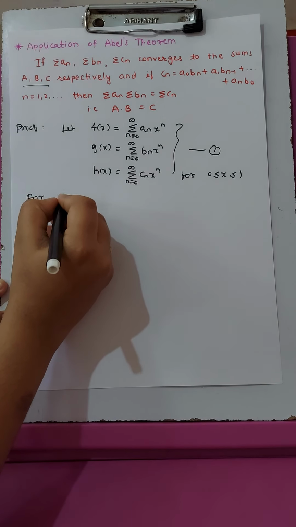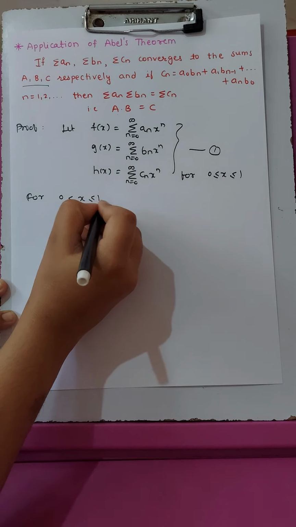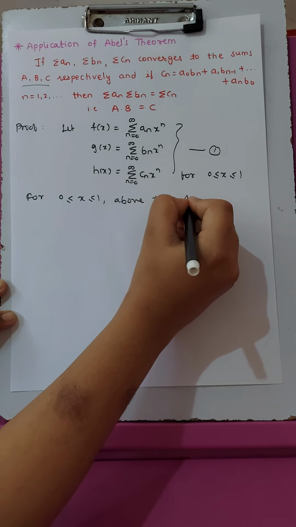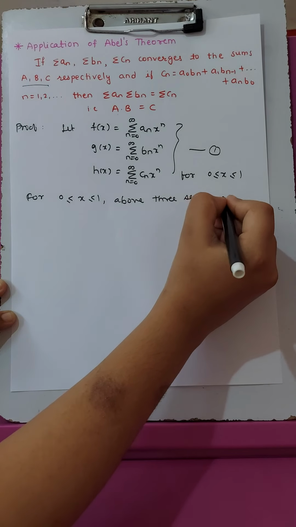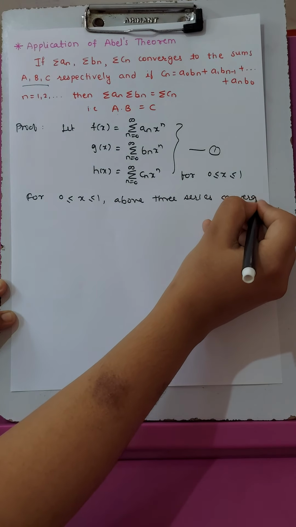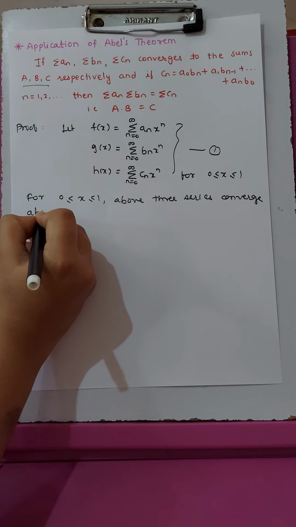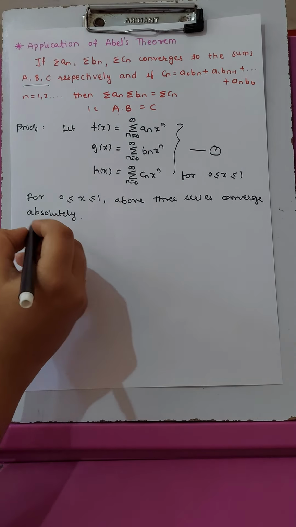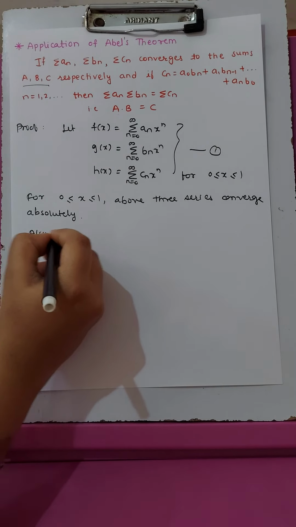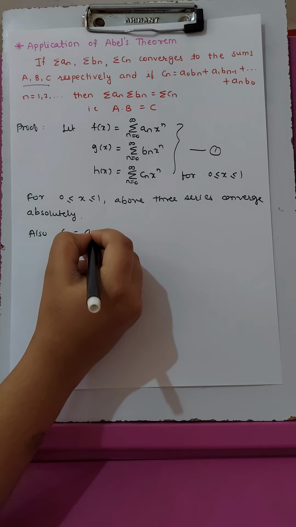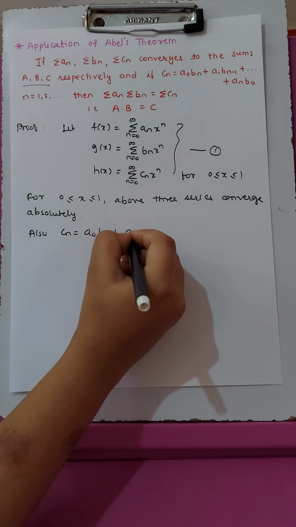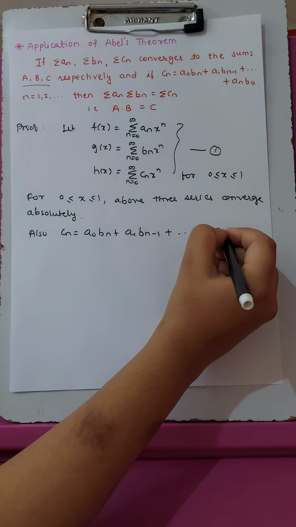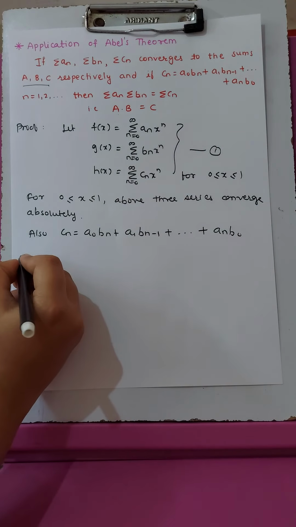So for 0 less than x less than 1, the above three series converge absolutely. And also we have cn equals a0 bn plus a1 bn minus 1 plus and so on up to an b0.